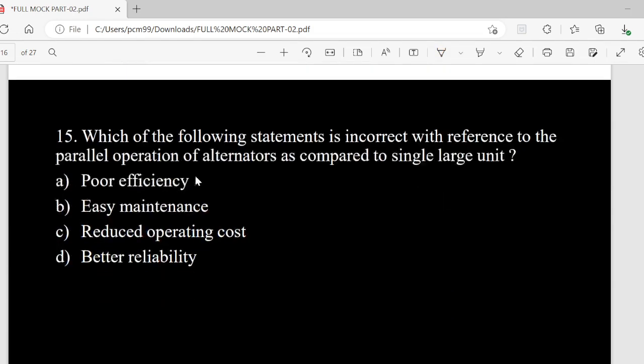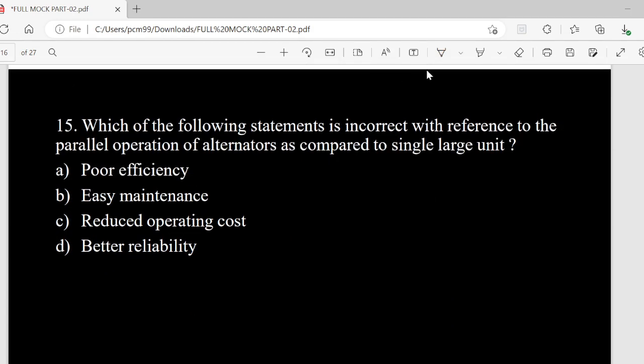Next. Question number 15. Which of the following statements is incorrect with reference to the parallel operation of alternators as compared to a single large unit? Option A poor efficiency, option B easy maintenance, option C reduced operating cost, and option D better reliability.